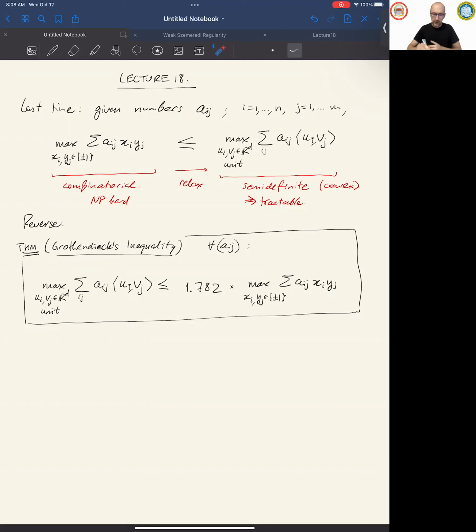That's Grothendieck's result, a result of 1953. And the constant is 1979, the best constant. And we'll actually give this proof with the best constant from 1979. The argument is a version of the original argument of Grothendieck due to Krivine, a French mathematician.